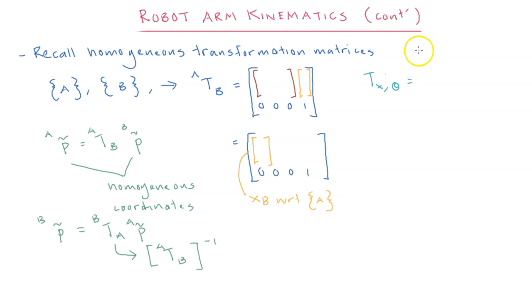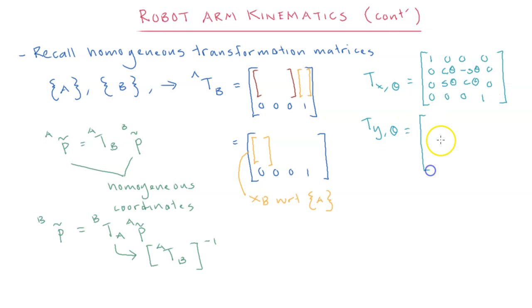This is a slight abuse of notation, but I think you know what I mean. And if you have rotated a coordinate frame about the y-axis, then this is the homogeneous transformation matrix representing that rotated coordinate frame.